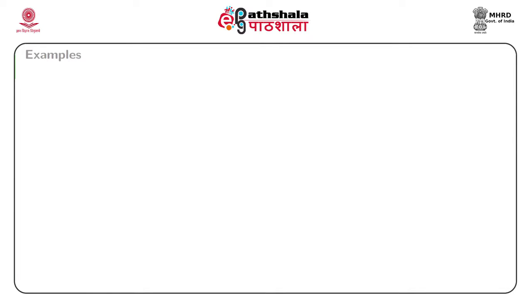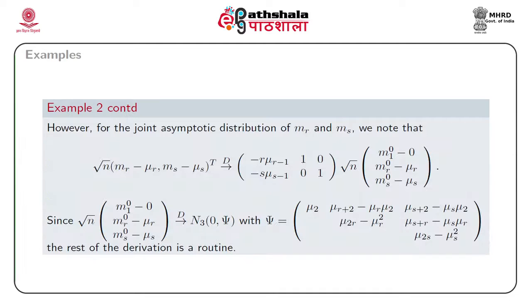For the joint asymptotic distribution of MR and MS, we consider the representation we discussed in our last presentation, and then we can write this root over n.